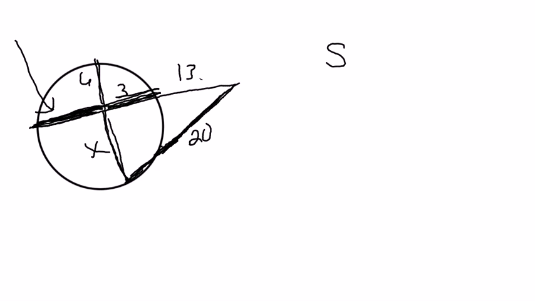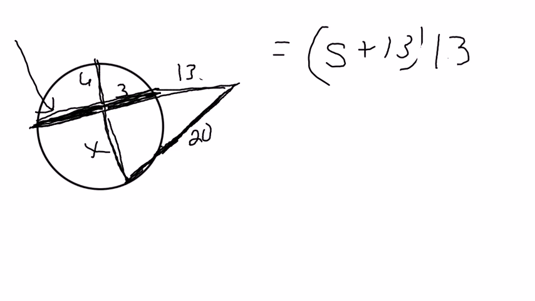And this length is 13, so I add 13 and then multiply it by 13. Make that a little clearer. And I'm going to set that equal to 20 squared.